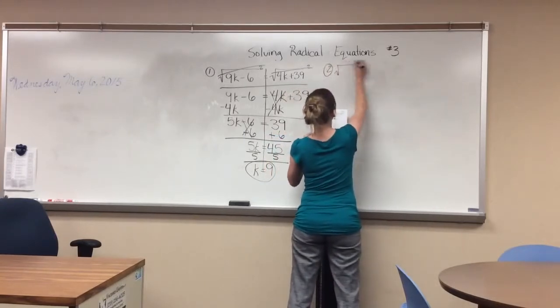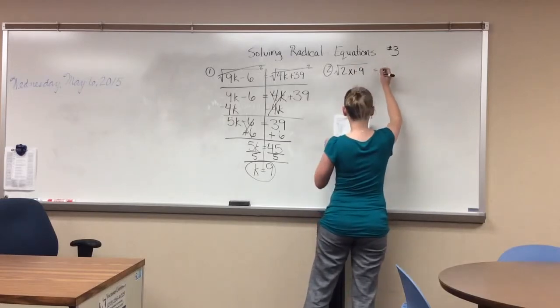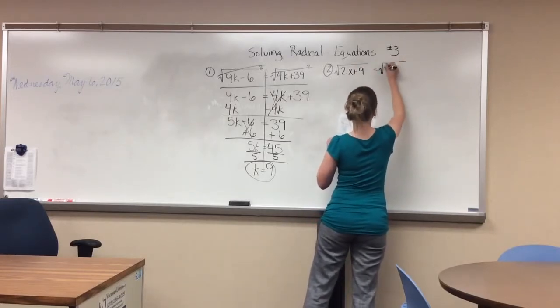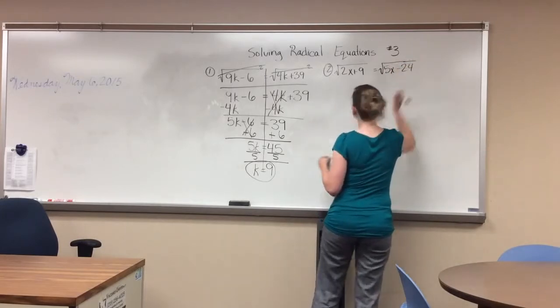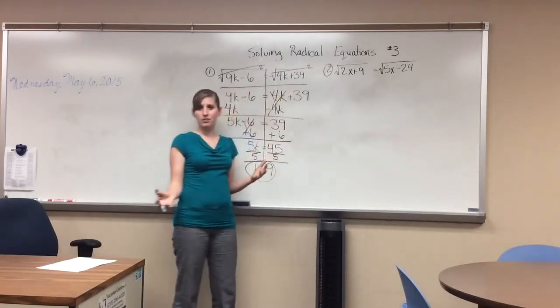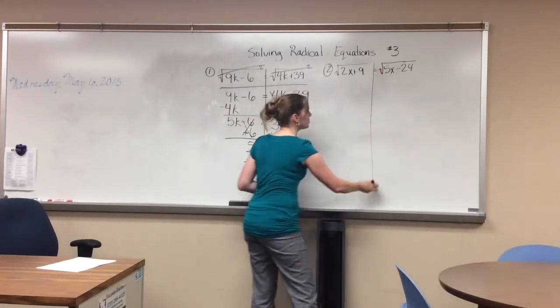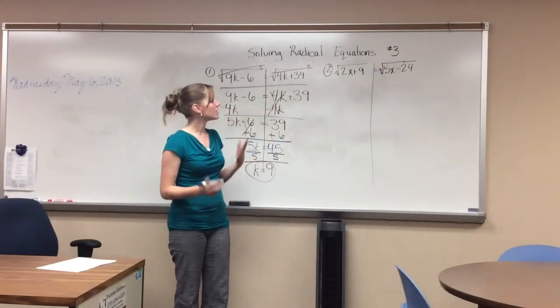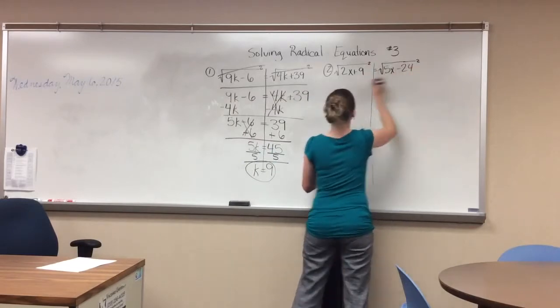We have the square root of 2x plus 9 equals the square root of 5x minus 24. Again, there's nothing outside of the square roots. All numbers are under the square root, so our first step is to cancel out the square roots, and to do that, I need to square both sides.